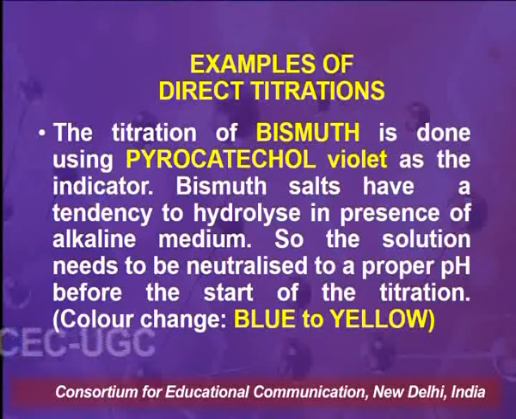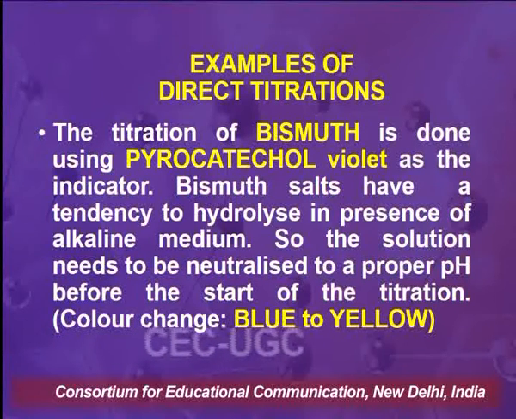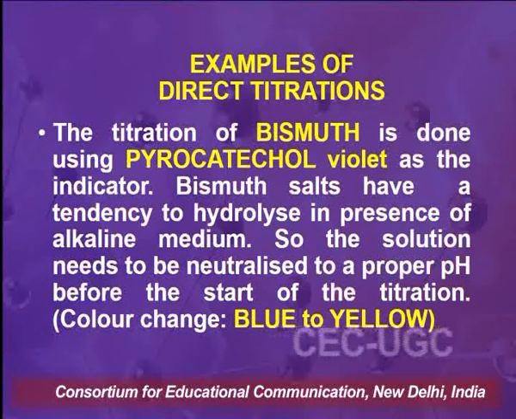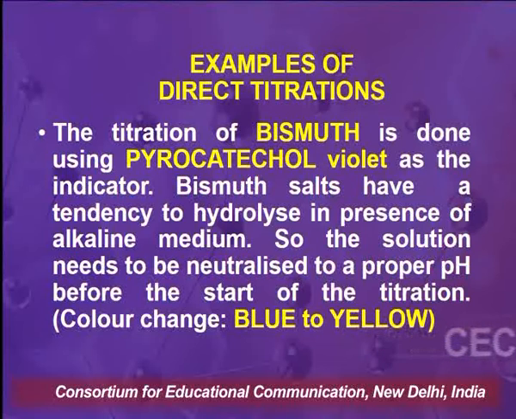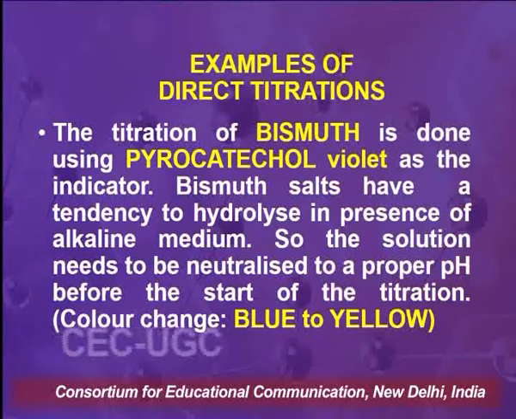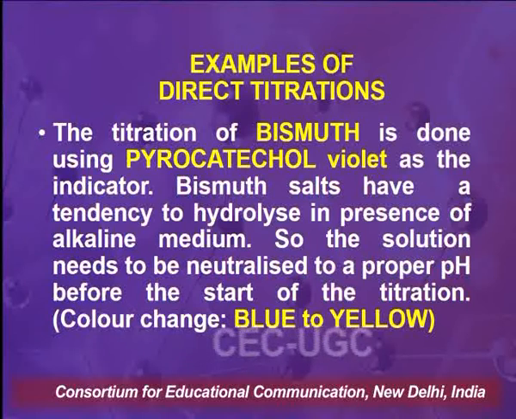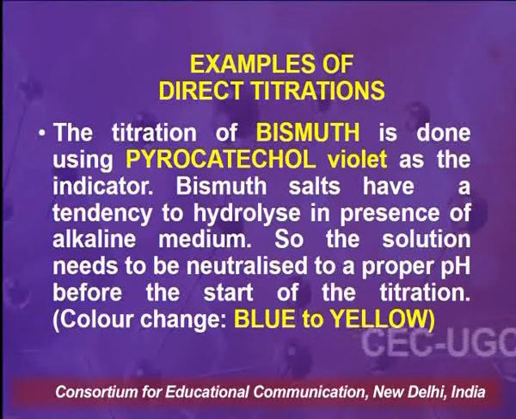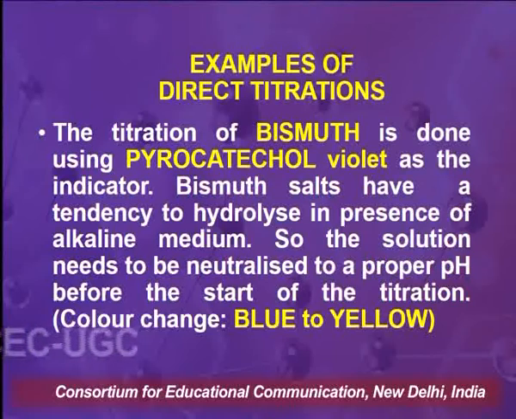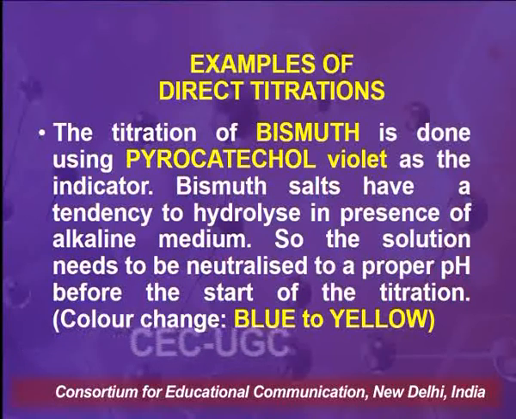The bismuth indicator complex, bismuth pyrocatechol violet, is blue in color, which on titration forms the bismuth EDTA complex, and pyrocatechol violet is set free in the solution; the color changes to yellow due to the free indicator.